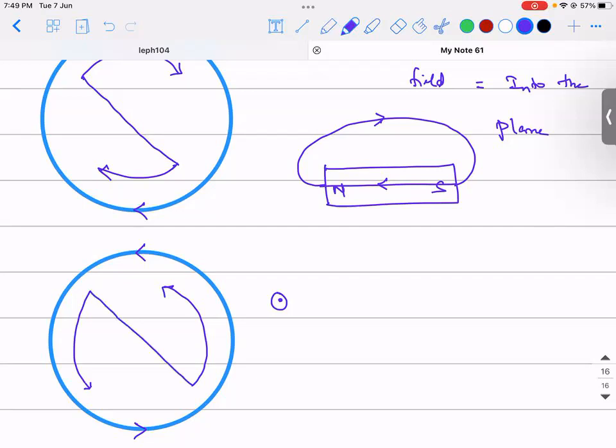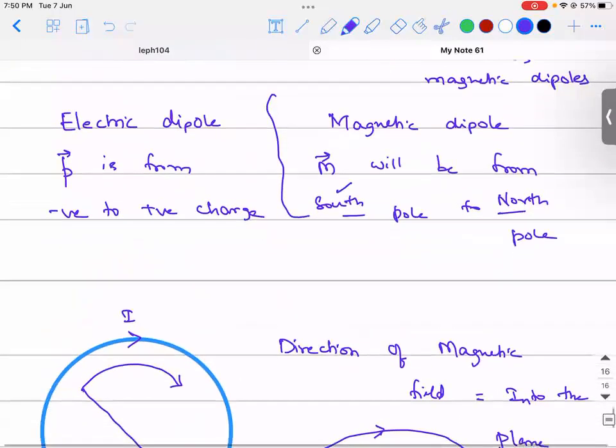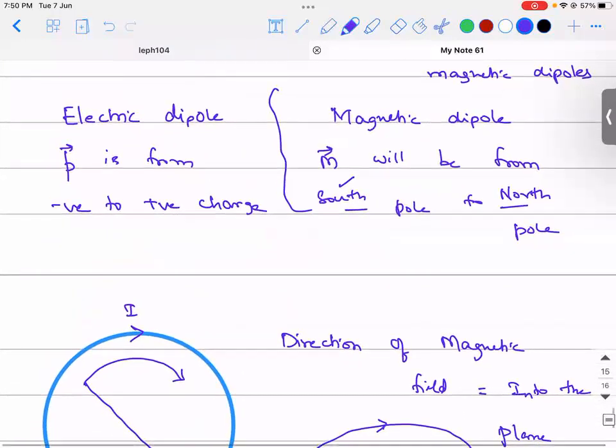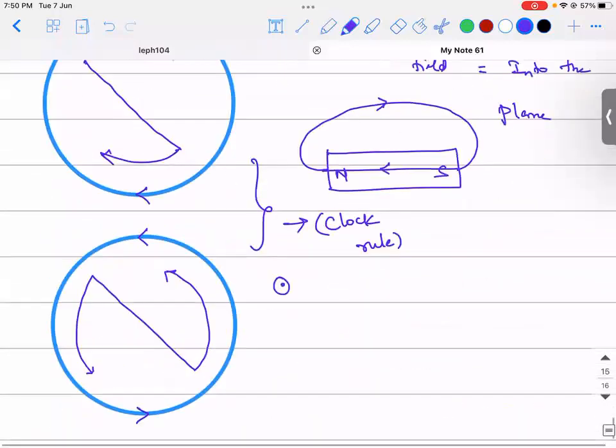And this kind of a rule is called the clock rule. Okay, this is called the clock rule. So based on this, we can find out the direction of magnetic dipole moment easily.